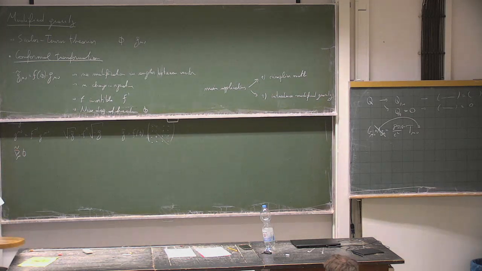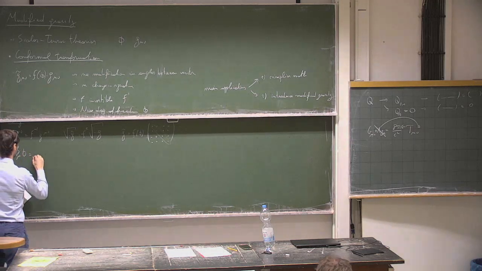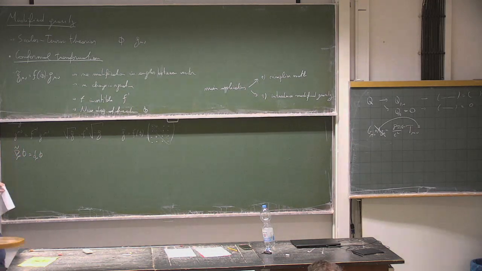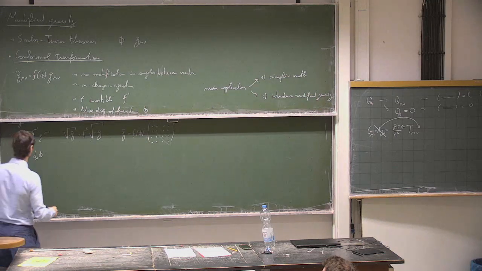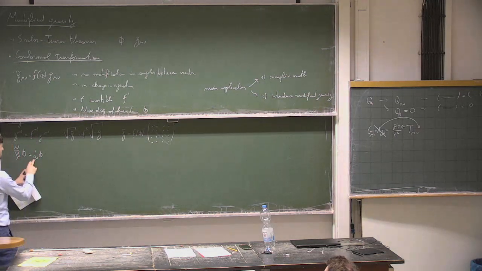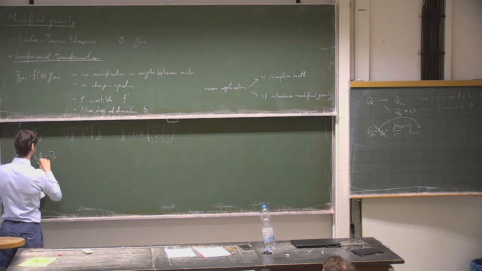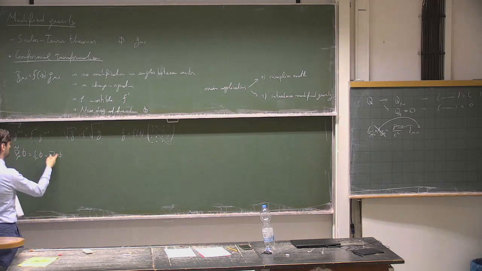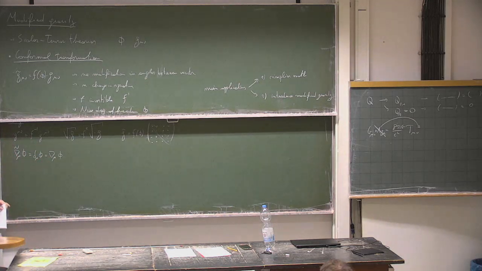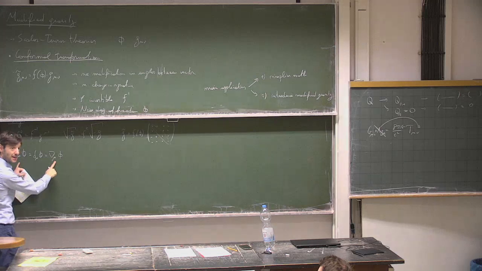But we know that for a scalar function, the scalar function is insensitive to the affine connection. So the covariant derivative of a scalar function is equivalent to the standard derivative of a scalar function, and therefore you have this relationship. That's for scalars only.